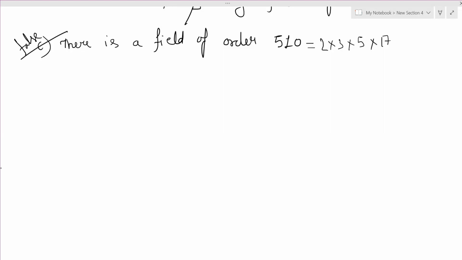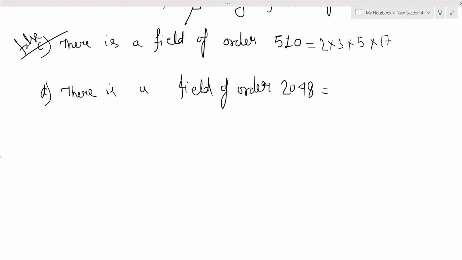And the last option is saying there is a field of order 2048. Do its prime factorization. It can be expressed as 2 power some integer.